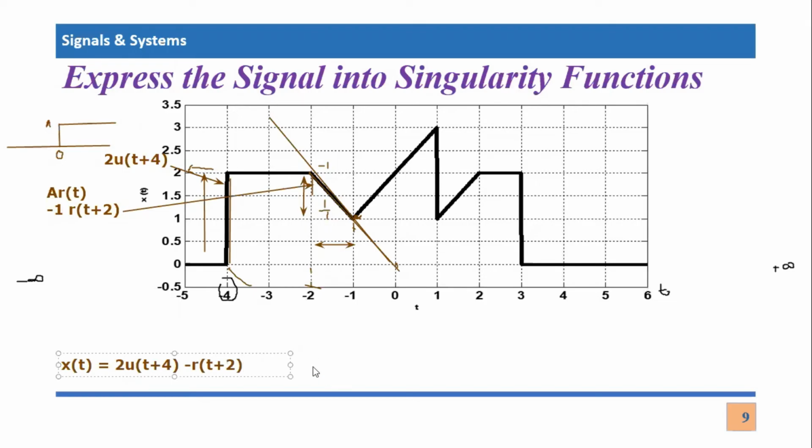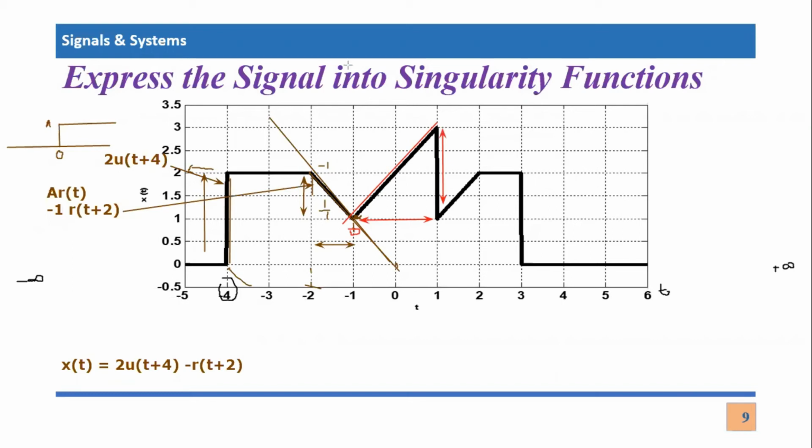Now let's check the next behavior, and let me use a different color to make it easier to understand. The next behavior starts here, at -1. It is also a kind of ramp, but this time the ramp is increasing. The horizontal units are from -1 to 1 and the vertical units are from 1 to 3.